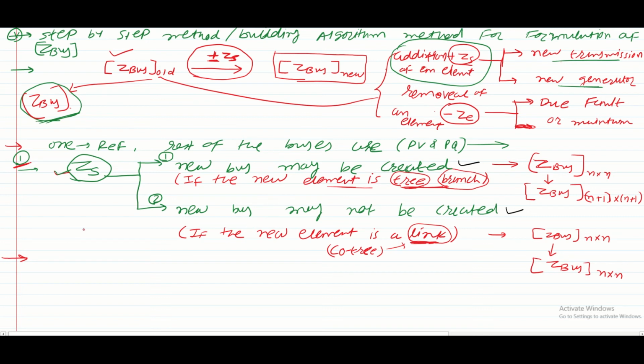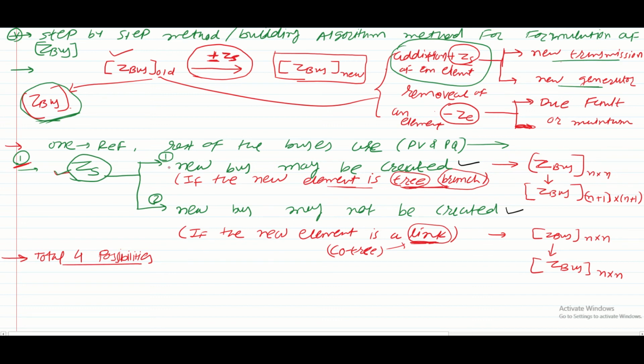I will write total four possibilities of this step-by-step method. Why four?